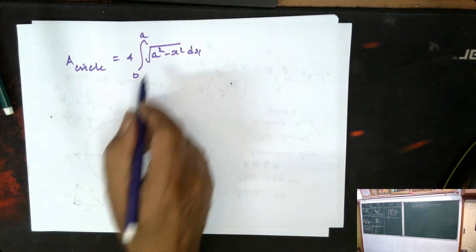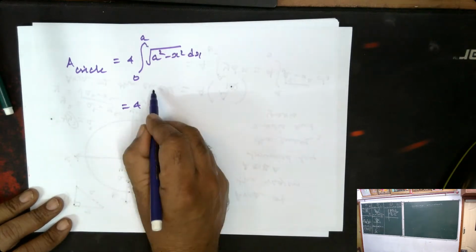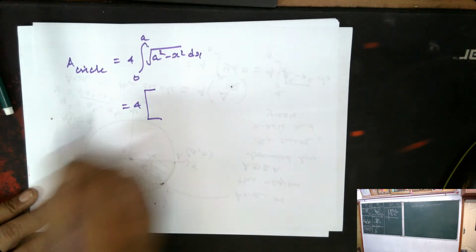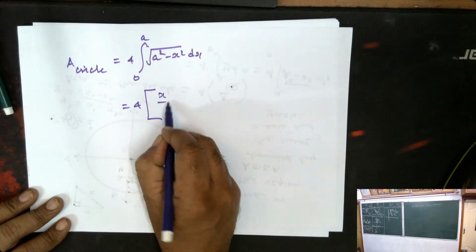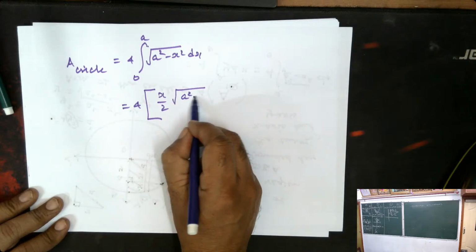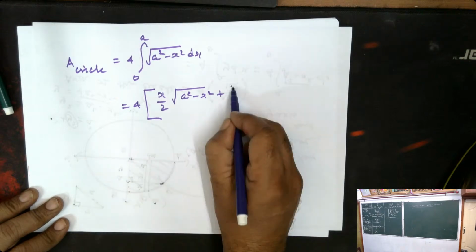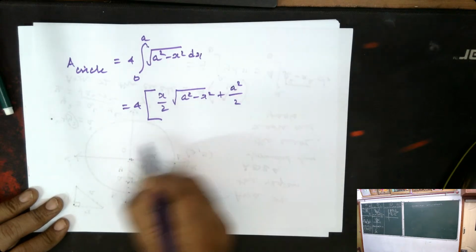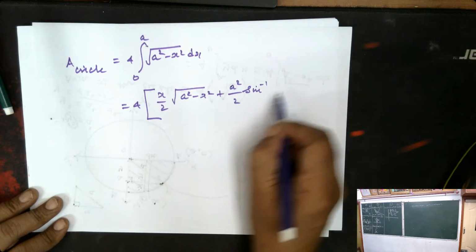So we have got the formula for this. We can apply the formula straight away: the integral of the square root of a squared minus x squared is given by x by 2 into the square root of a squared minus x squared, plus a squared by 2 sine inverse of x by a.